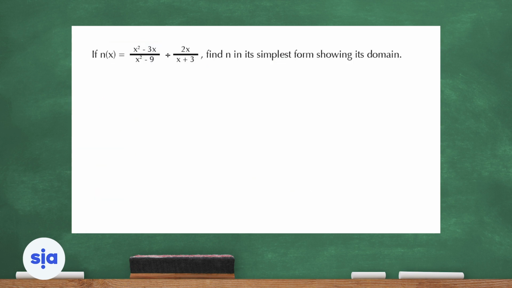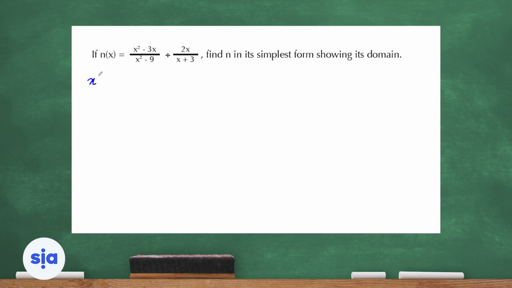Let's go together and solve another question. In this question, n of x equals (x squared minus 3x) over (x squared minus 9) divided by 2x over (x plus 3). The question here wants us to write n in the simplest form, showing its domain. So let's factorize any of the numerators or the denominators that can be factored.